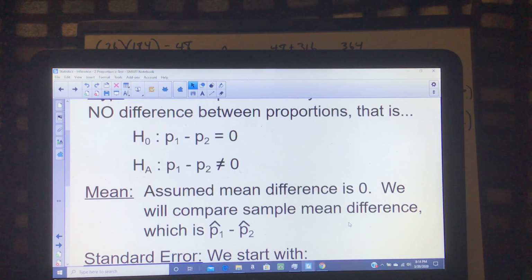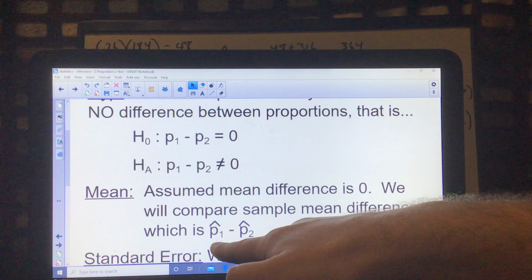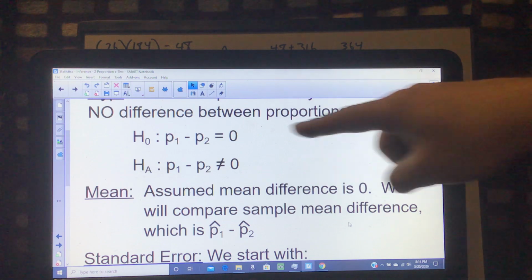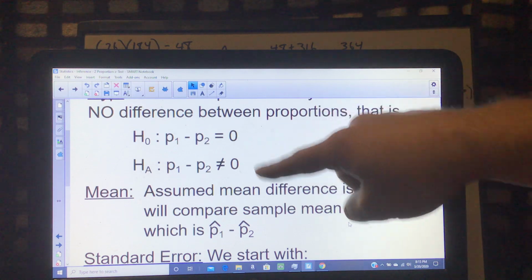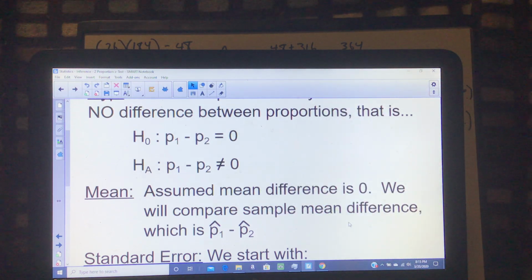What we're going to put on the normal curve to test how unusual it is is our sample difference. Our sample difference is p hat 1 minus p hat 2. In our problem for the snoring, it's 13%. In that Cuomo example, it was 5%. So what we're going to do for the snoring example is assume the population has no difference and then see how likely it is that we got the sample difference that we did.